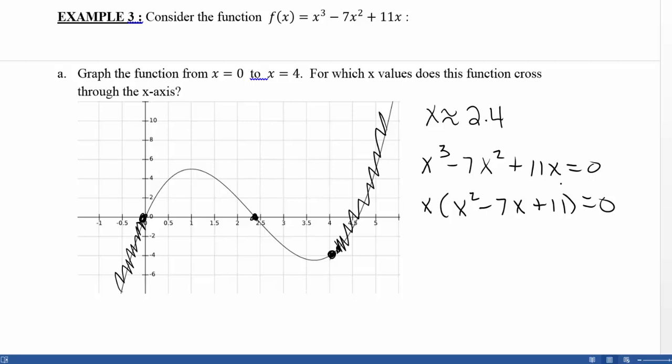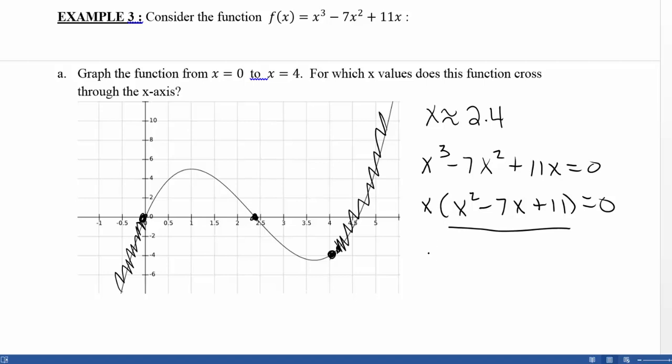Since the point that I'm interested in is the one between 2 and 2.5, I know that I need to figure out when this parenthesis equals 0. Unfortunately, this is not easily factorable. There are no two things that multiply to give me 11 that easily add up to give me -7. So instead, I'm going to have to use the quadratic formula.